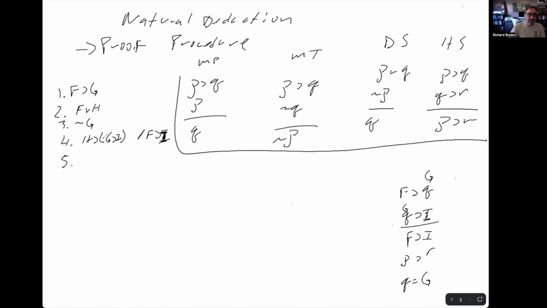The question is, can we get G horseshoe I written down? Because as it is, it's inside these parentheses, in a sense hidden from our use, because the main operator here is this horseshoe. And in order to get G horseshoe I written down, we would have to look for something which could break apart the horseshoe.